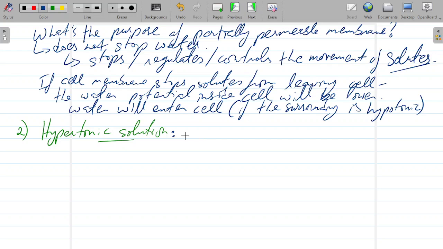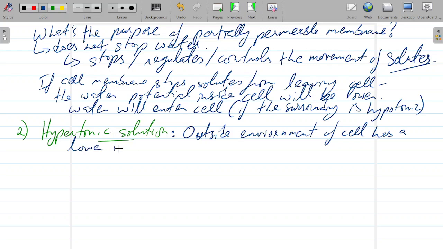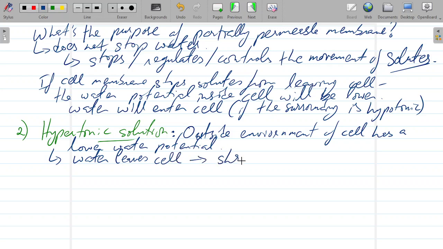So the outside environment of the cell has a lower water potential. And so what would happen is that water will leave the cell, obviously. And it will continue to leave and the cell will shrink.